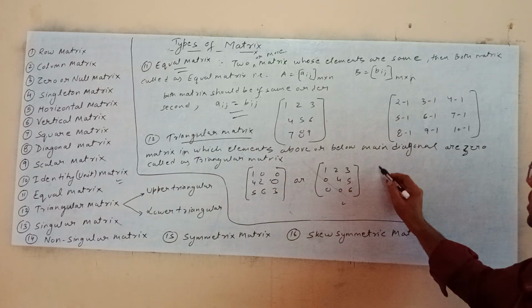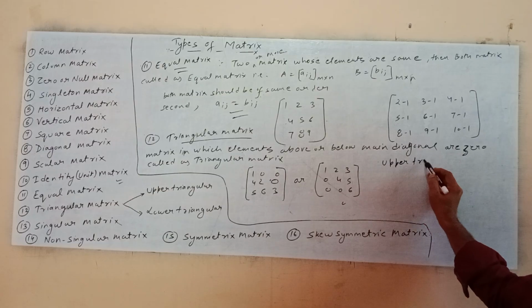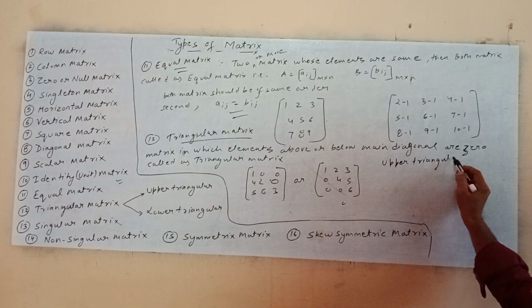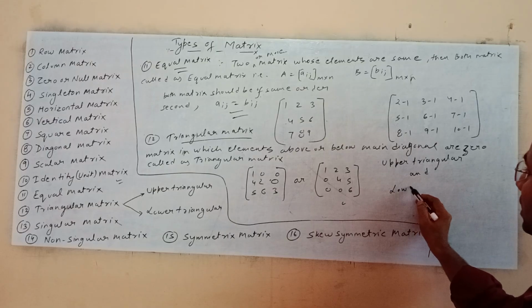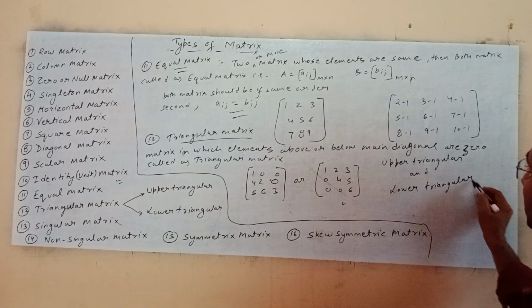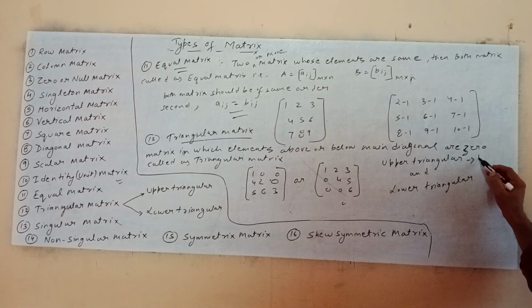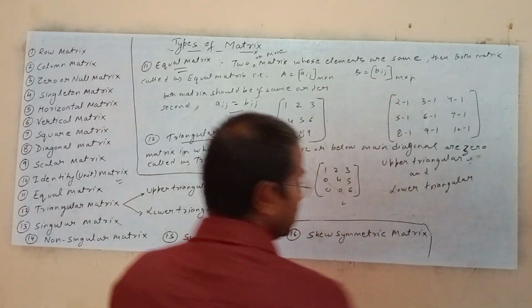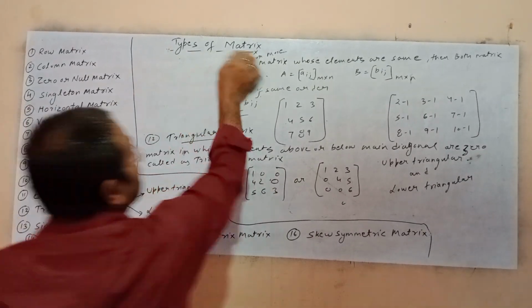Now the triangular matrix is again divided into upper triangular and lower triangular. So how will you define it? Let us see here, so that you can understand in a better way.